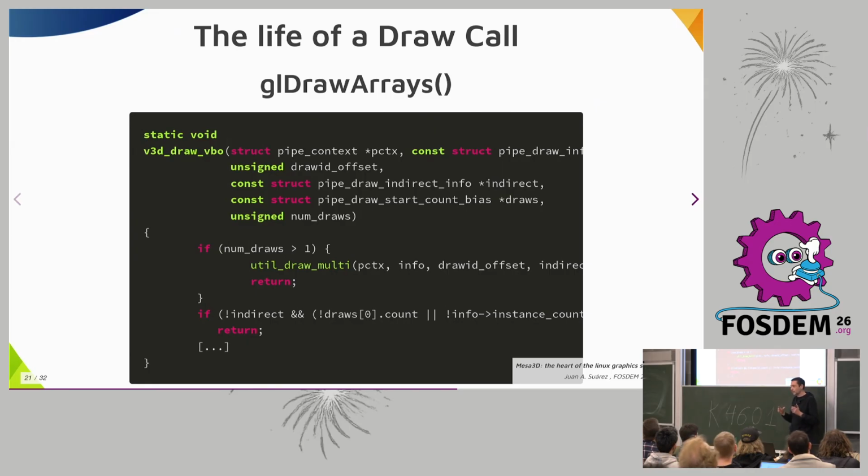You create a bunch of command streams or jobs, which are basically a lot of structures where you put the values, that contain addresses, assembly code, a lot of things that configure the GPU, and then put that in a buffer memory, and this is going to be dispatched to the kernel, because that is what the GPU is going to read and execute. So you can configure a lot of things there. Of course, each driver has its own structures, but at the end, that is more or less the idea of all the drivers.